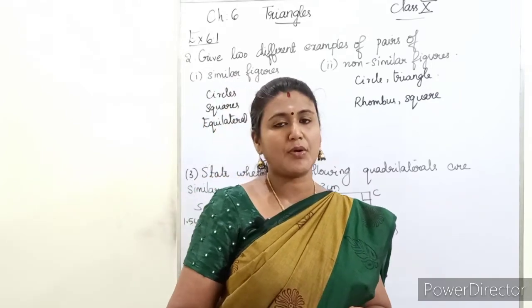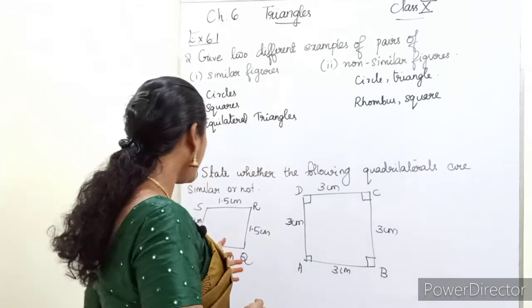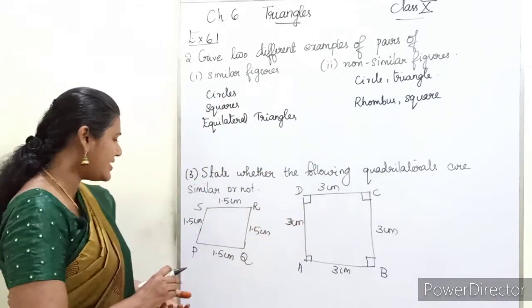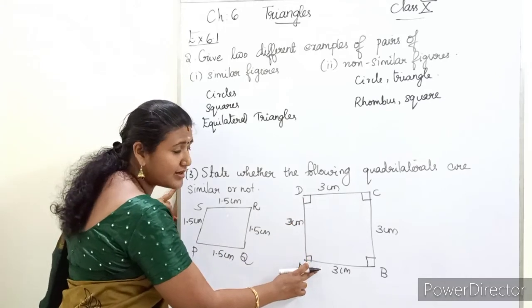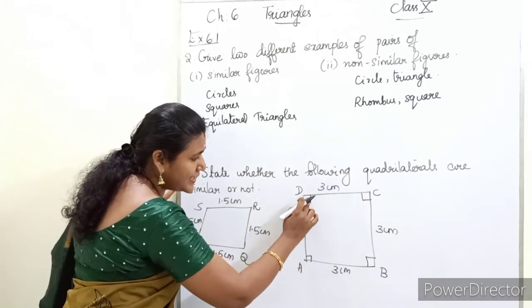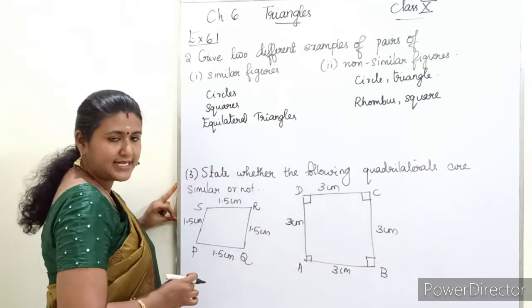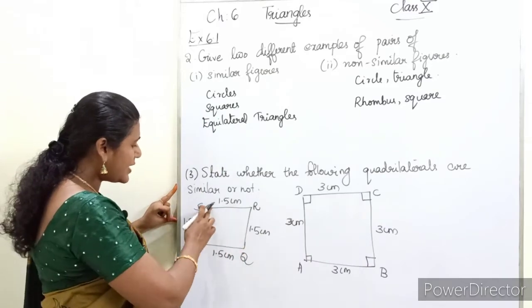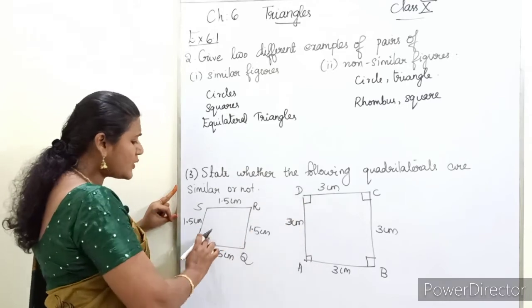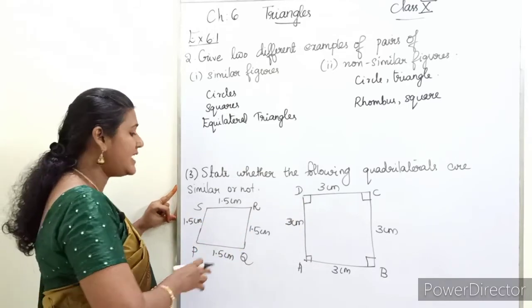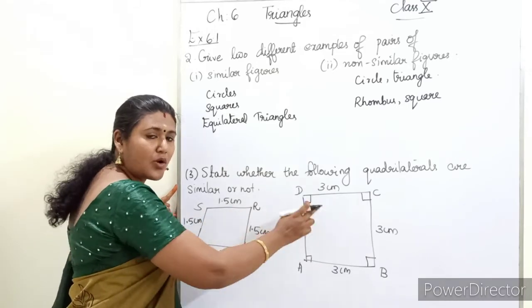Here, in the second quadrilateral ABCD, all the angles are 90 degrees, but in quadrilateral PQRS the angles are not the same. All the angles are not 90.